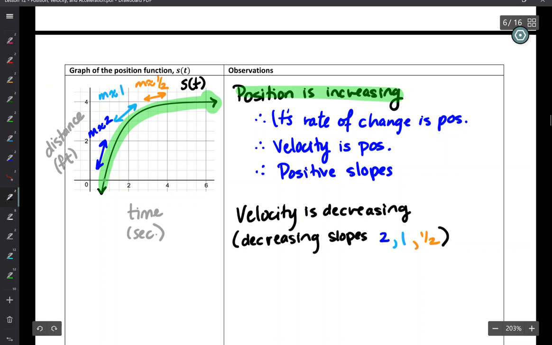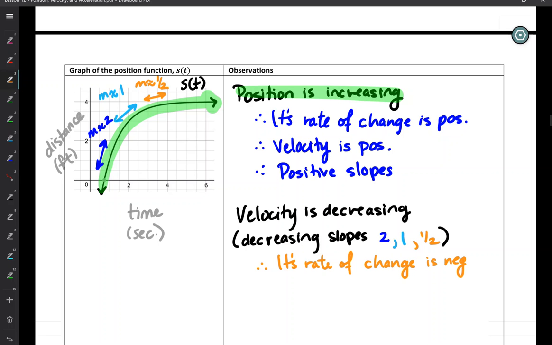Okay, so if velocity is decreasing, then its rate of change must be negative. We have a special word for the rate of change of velocity, for the derivative of velocity, and that's acceleration.